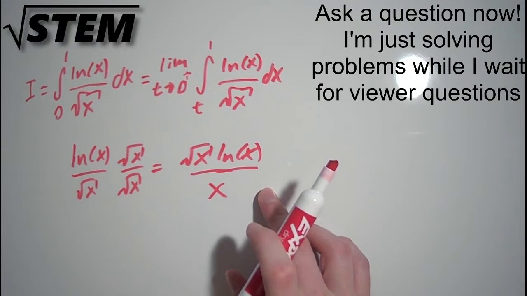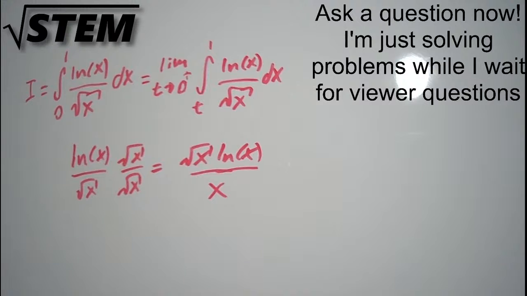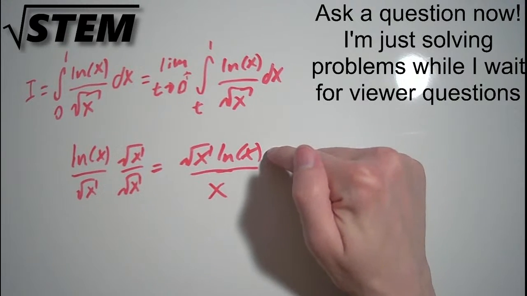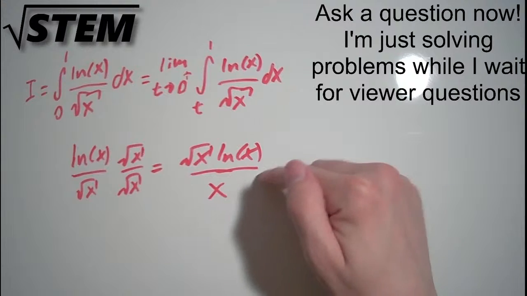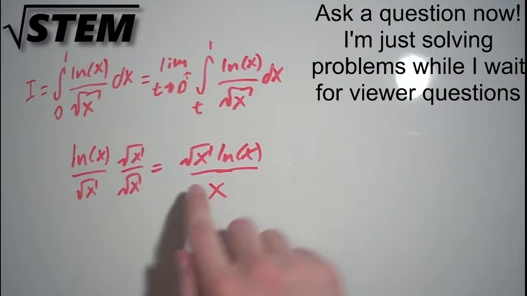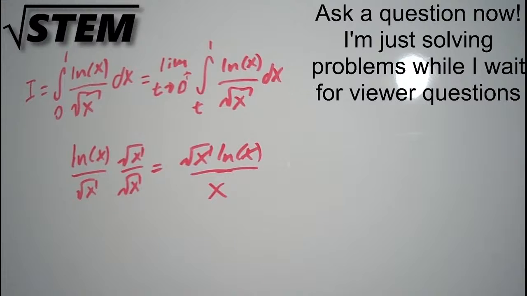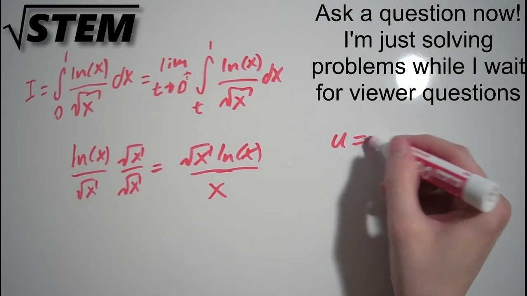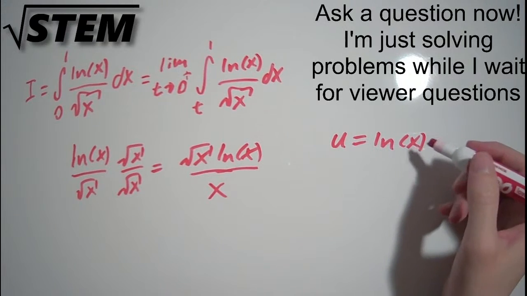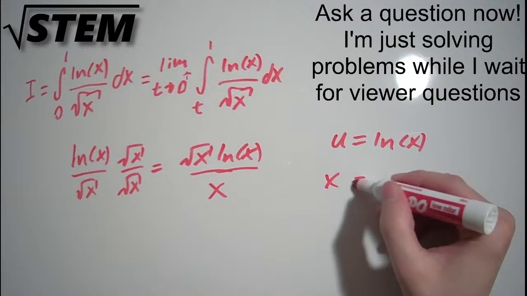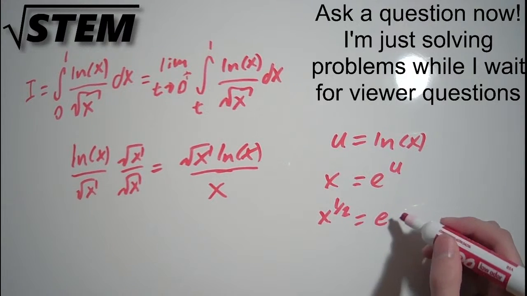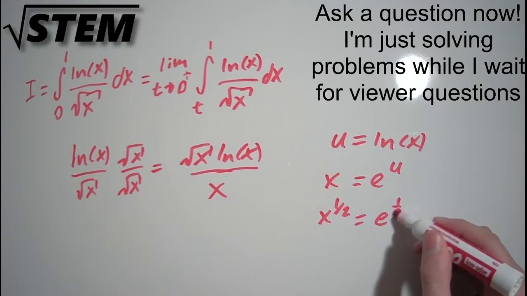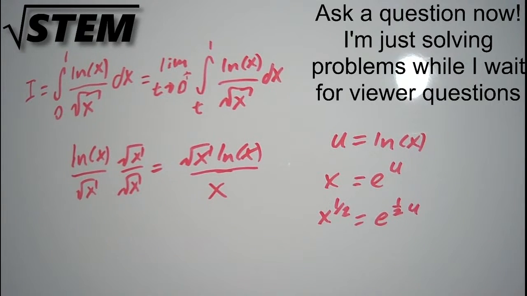If we did this, then we could make a substitution and let u equal the natural log of x. So du would be 1 over x dx. And then what would we have for the square root of x? If u was natural log, then x would be e to the u, and x to the 1/2 would be e to the 1/2 u. Okay, we can do that. Yeah, that's the trick.